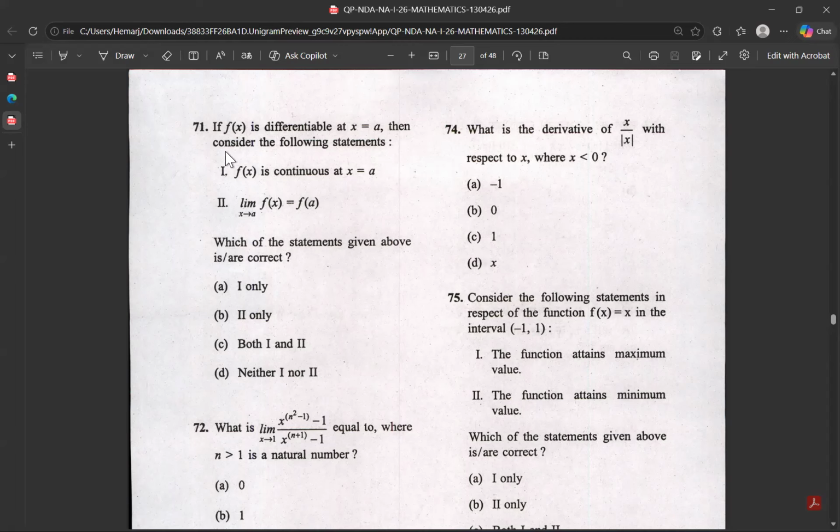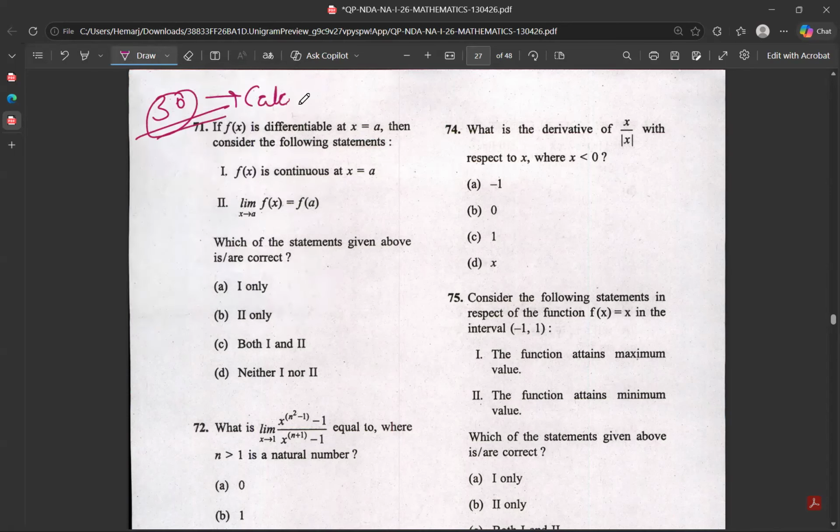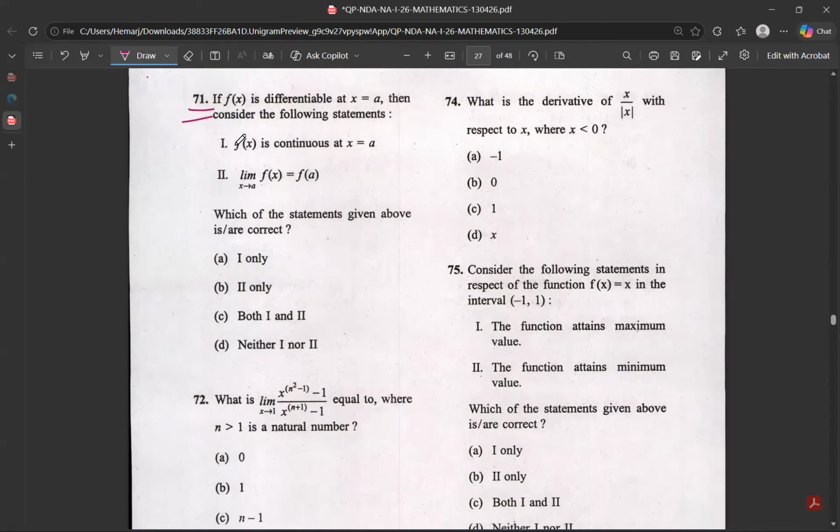If I talk about ND1 2026, a total of 30 questions are from calculus and 35 were from algebra. So as of now, we are only going to cover some questions of calculus. Further in other videos, we will cover the 2D, 3D, algebra and other portions as well. But as of now, let's get started.